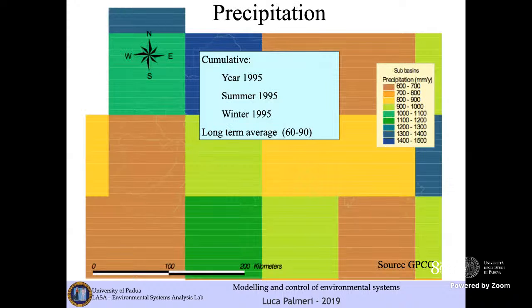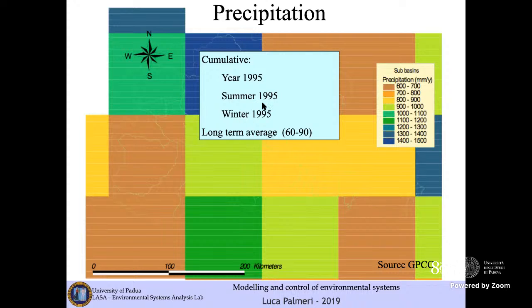Again, we had to include precipitation, so atmospheric, meteorological information. The source is the Intergovernmental Panel on Climate Change, in which we have information on precipitation, average precipitation, cumulative for the year 1995.